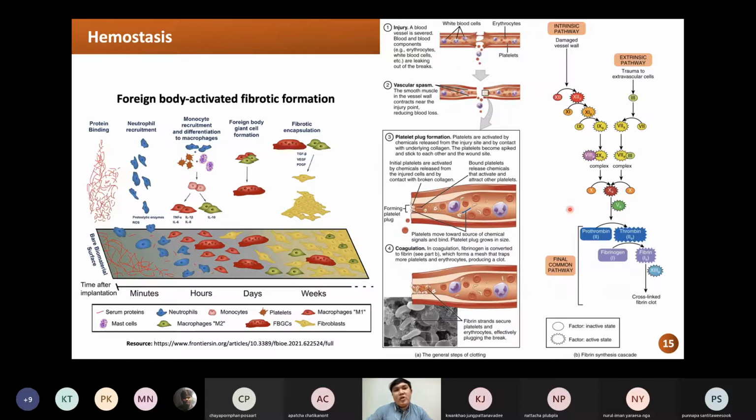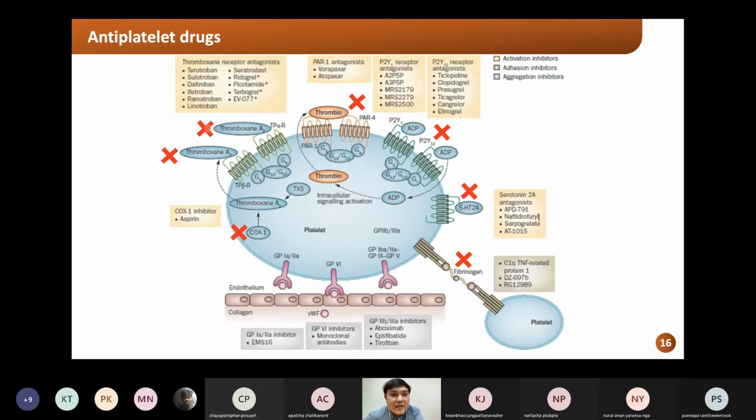All right. So when we look at antiplatelet drugs, an antiplatelet acts on just this section of the hemostasis, the platelet plug formation, like inhibiting thromboxane A2, PAR1, or P2Y12.